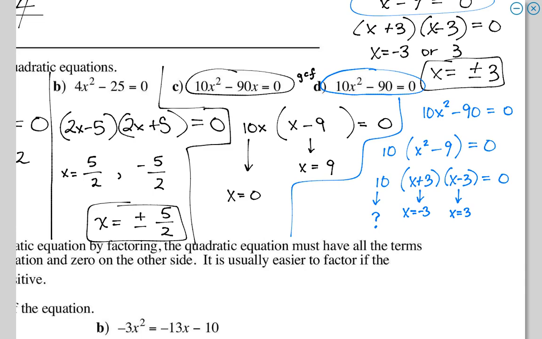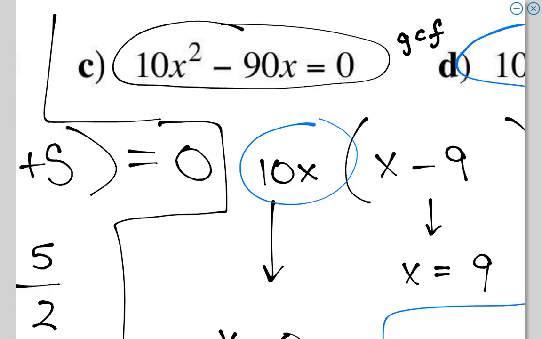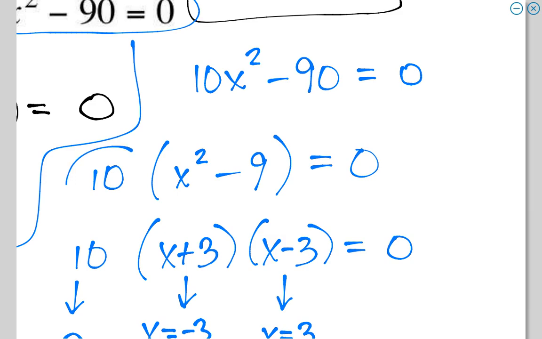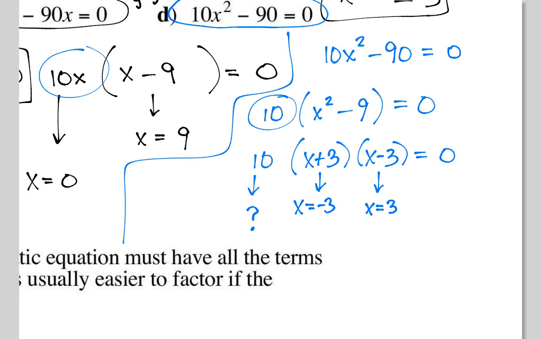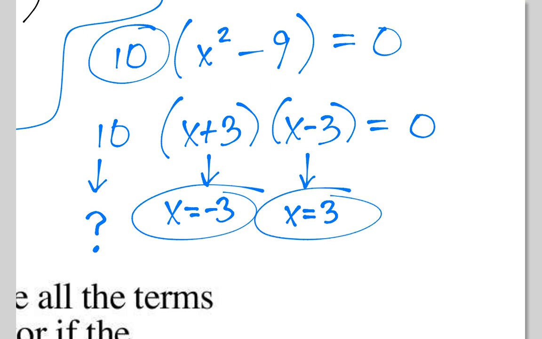It's different than this one because what's this? That's 10x. That one can change because x changes. So 10x can change. But 10 never changes. 10 knows who he is. Yeah, he's very self-aware. So these are the only two solutions. So your final answer for that one would be x equals plus or minus 3.